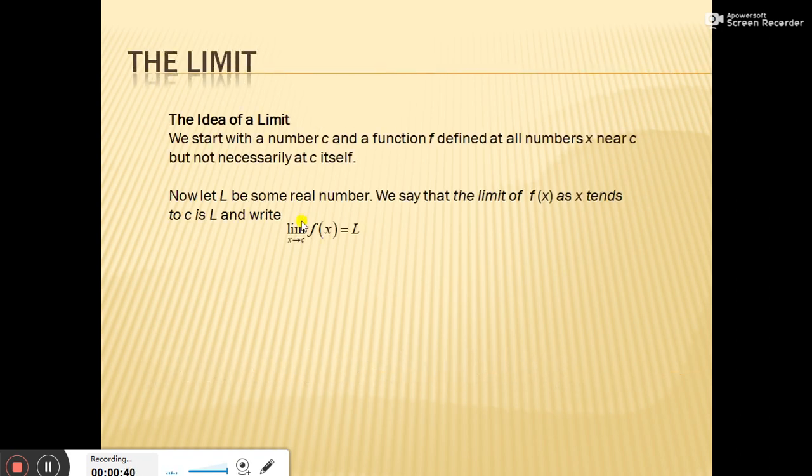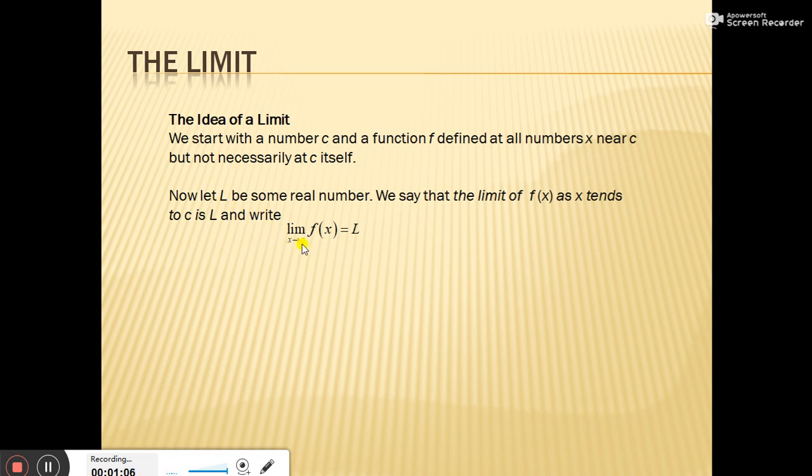As we have done earlier in 11th class, the limit of a function. As you see, when x tends to c, c is any real number, and when we substitute the value of c in f(x), we get f(c). And limit x tends to c, that is not exactly c, that is near about c.